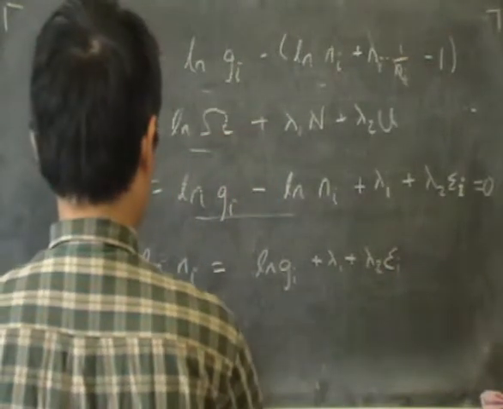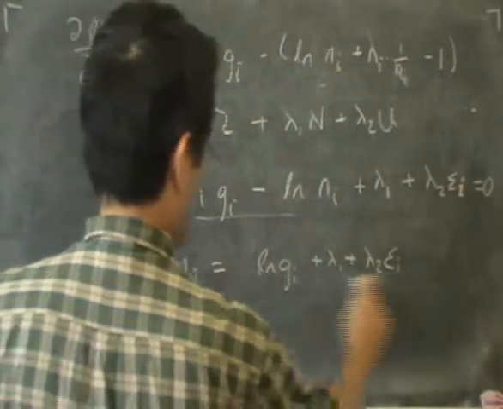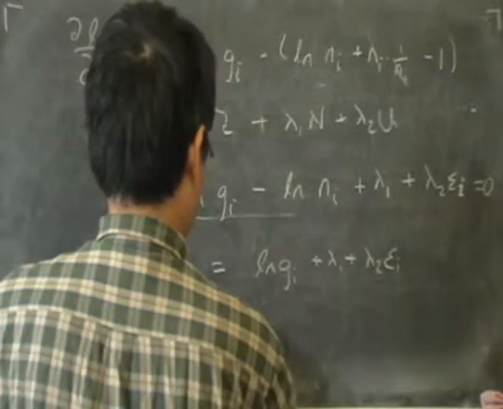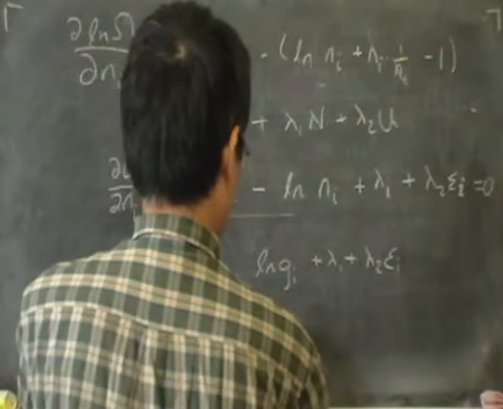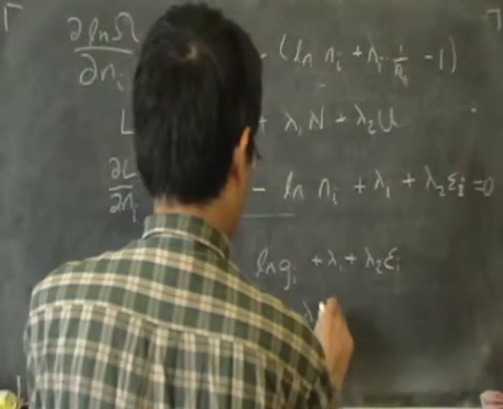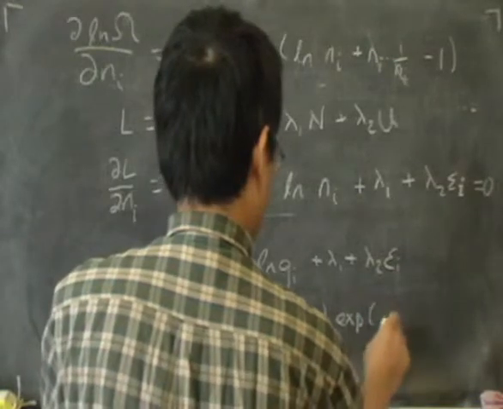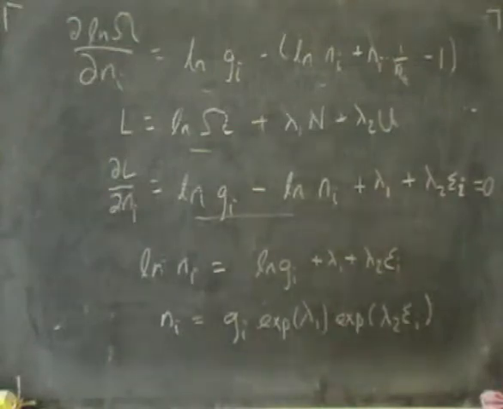And finally, ni is equal to, so we raise this to an exponential, we get gi times exponential of lambda 1 exponential of lambda 2 ei. And we have this.